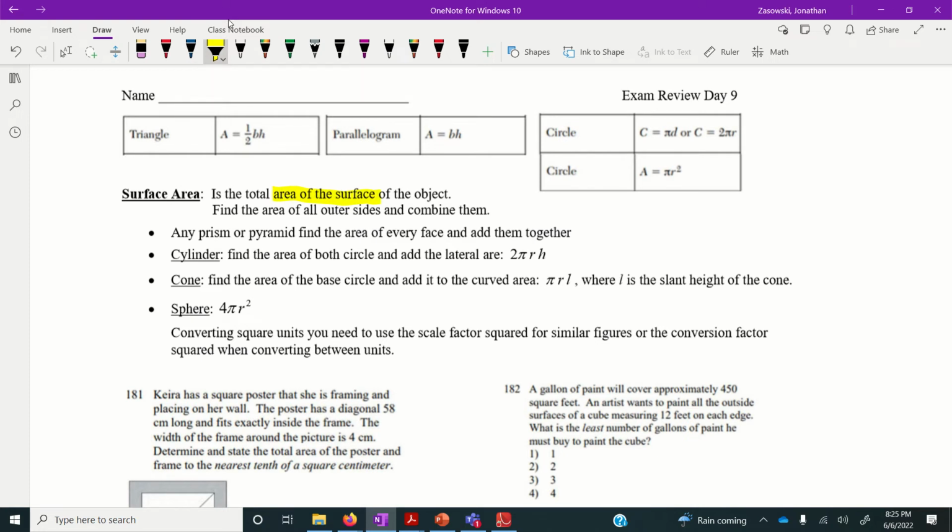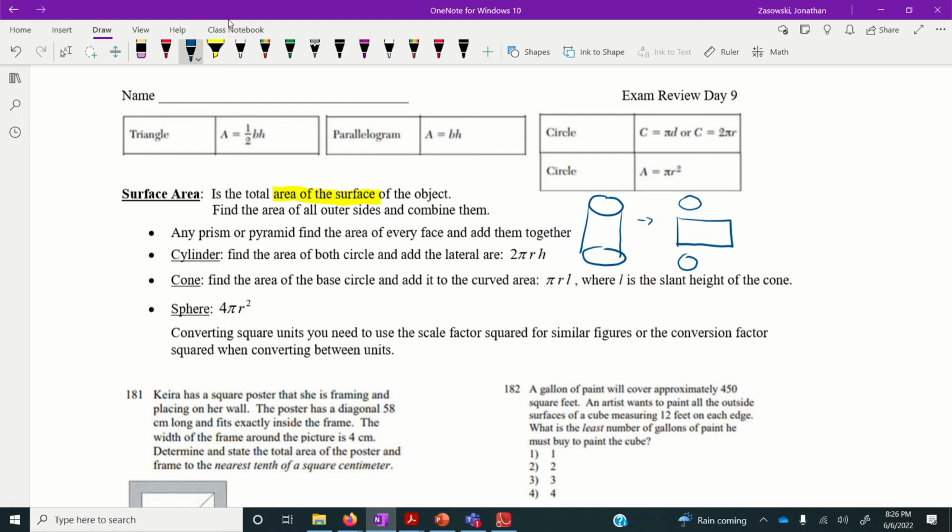them together, okay? If it's a cylinder, we want to keep in mind that a cylinder has a circular top and bottom, and then connects together. So if we were to cut this apart, it would turn into two circles, and then a rectangular portion that would become like the wrapper, so to speak.